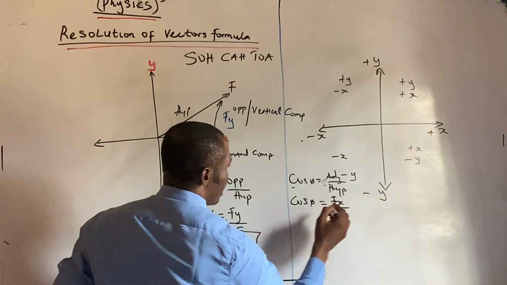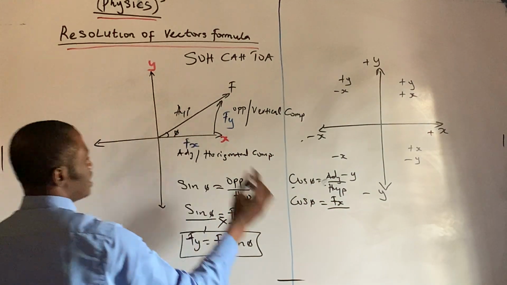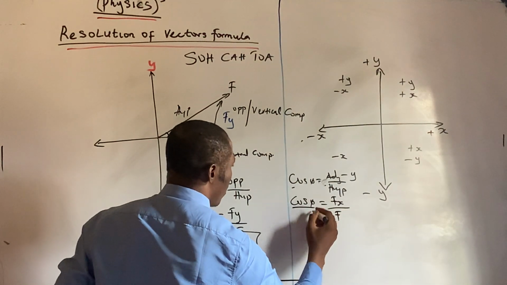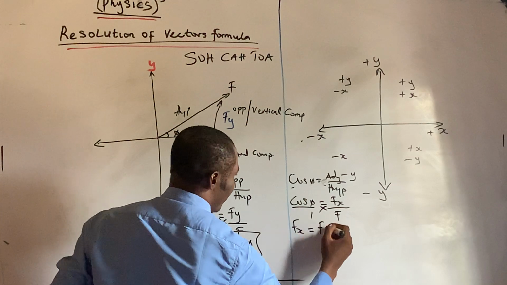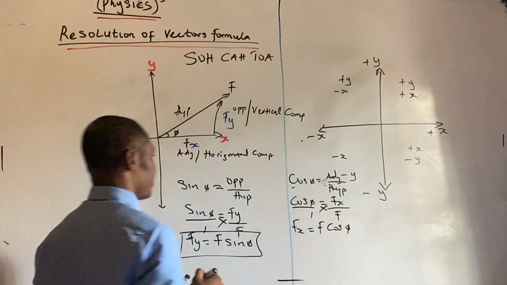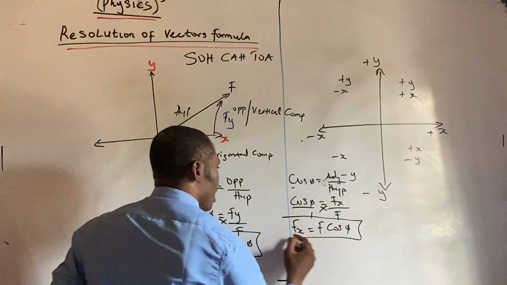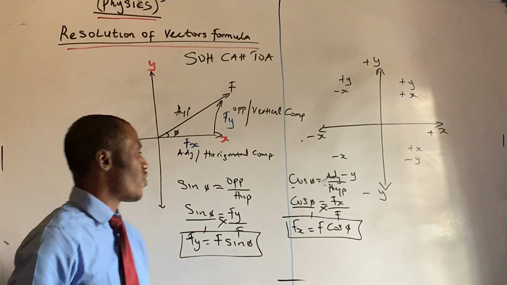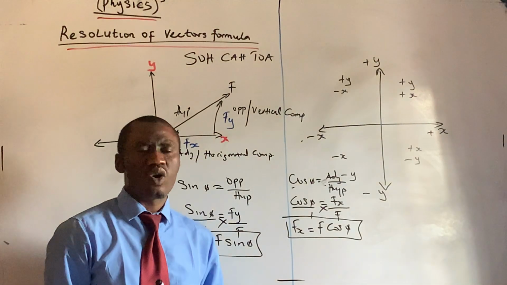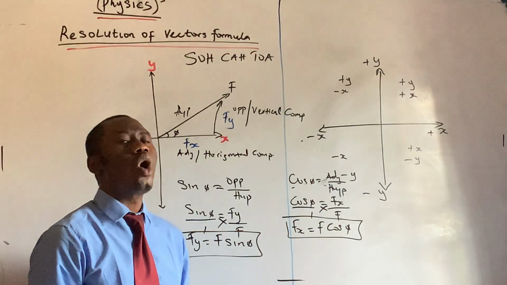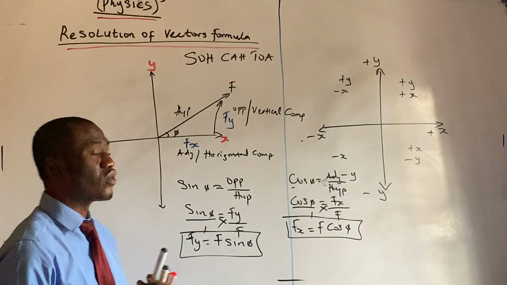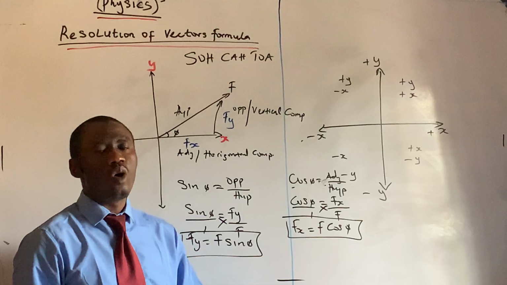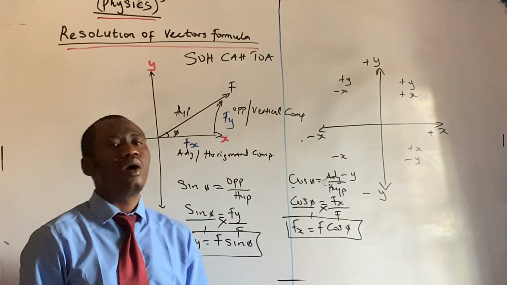Where is the hypotenuse? Hypotenuse is the f. So f of x is equal to f cos theta. Now, this formula is what we use to find the f of x component, or the horizontal component. And this formula here is what we use to find the f of y component, or the vertical component.